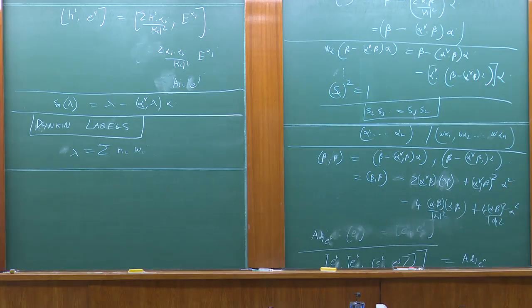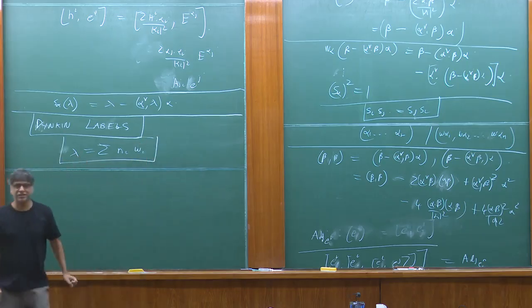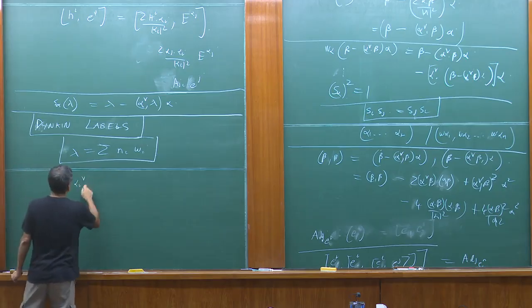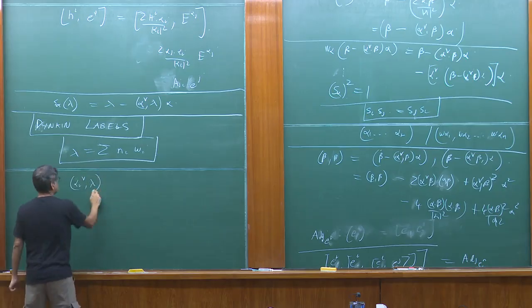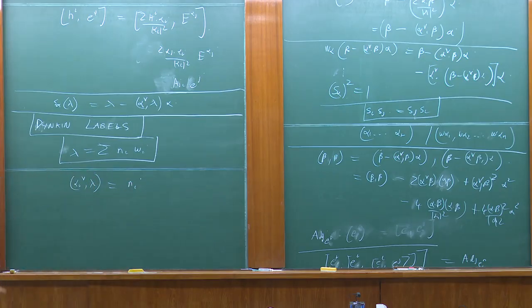Now if I have an expansion like this and I want a formula for the Dynkin labels, it's very clear. Just take both sides and take the inner product with alpha_i^vee, because alpha_i^vee dot W_j is orthogonal.